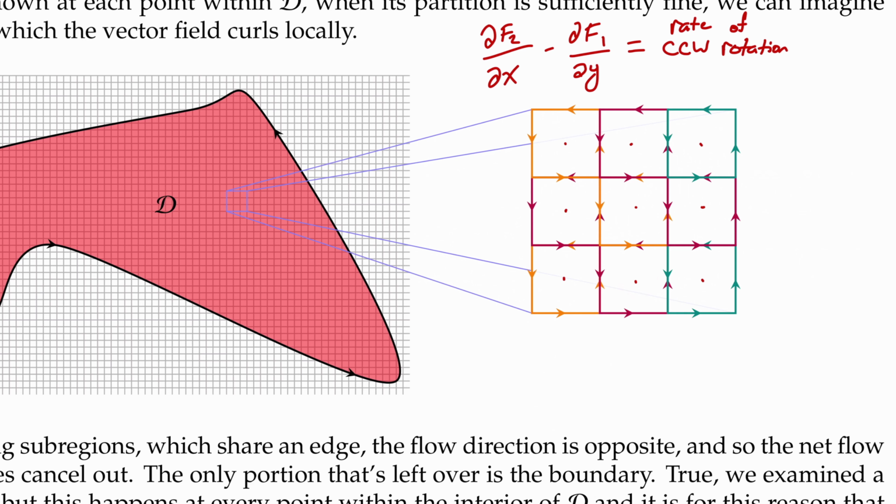So at all of these interior edges, the line integrals would cancel out. So what's left over here is just an integral around the boundary.